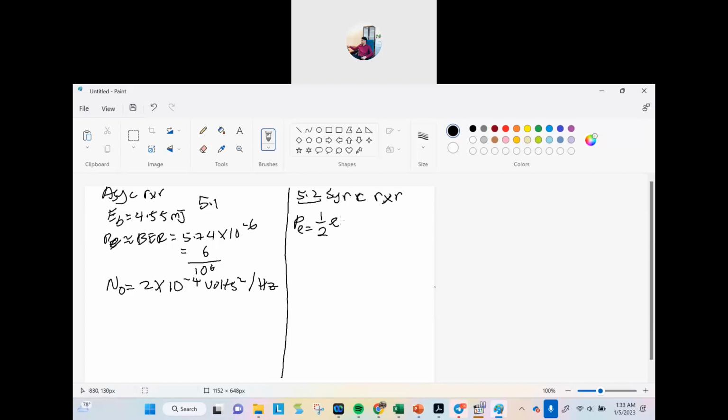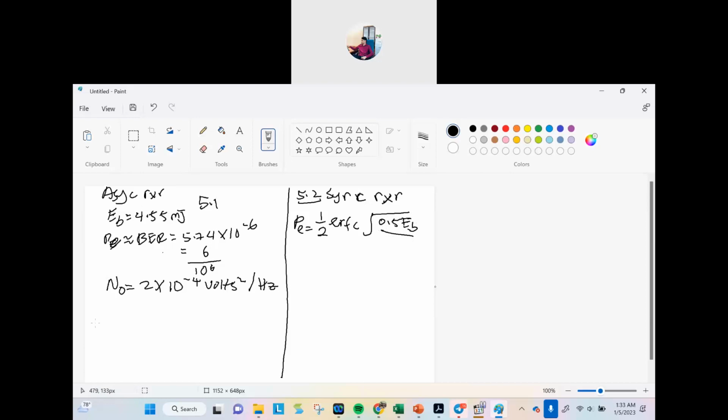error function, square root of 0.5 EB, the energy per bit, over N naught.